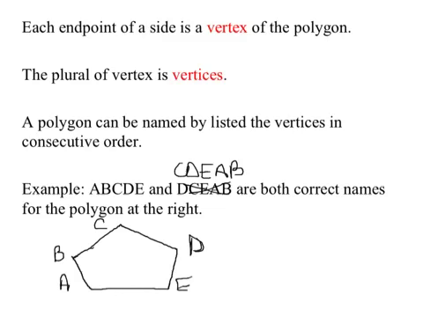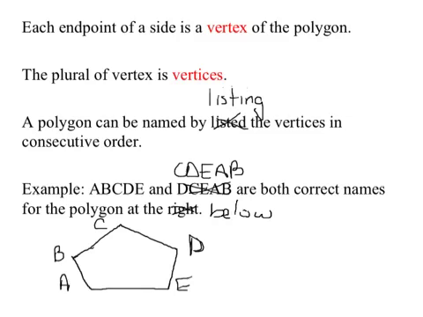Continuing on, a polygon can be named by listing the vertices in consecutive order. So, for example, A, B, C, D, E and C, D, E, A, B are both correct names for the polygon below.